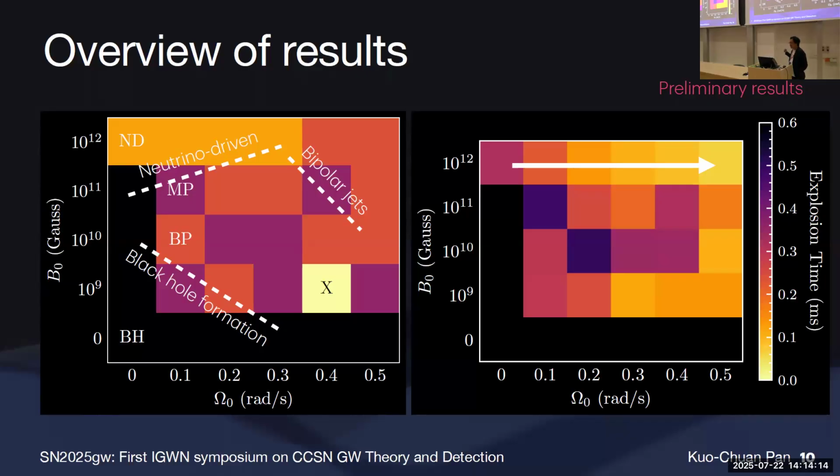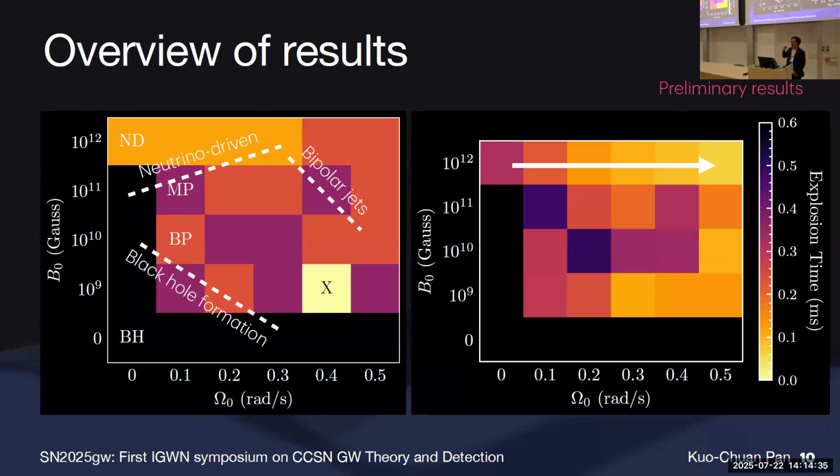And also on the right figure, you can see the colors are lighter for this explosion time. Black is black hole formation, so you can see that it's very long. So we also don't find trends in this central region due to this chaotic behavior.